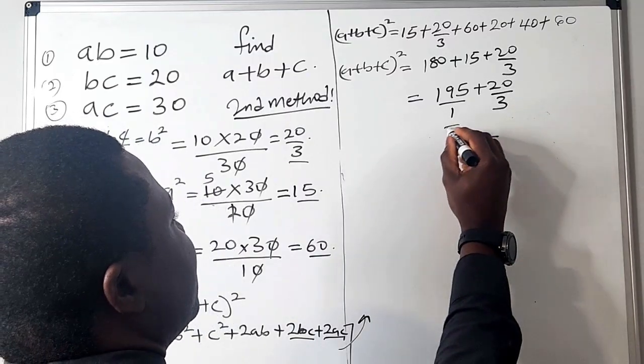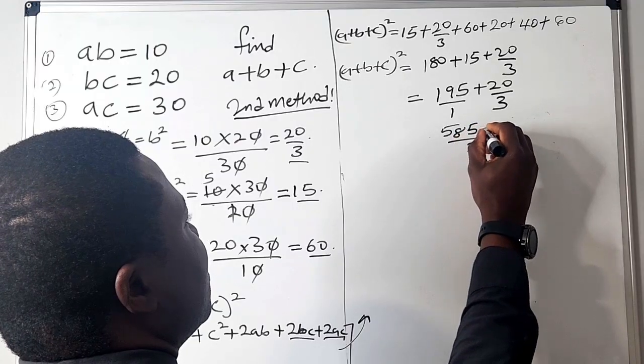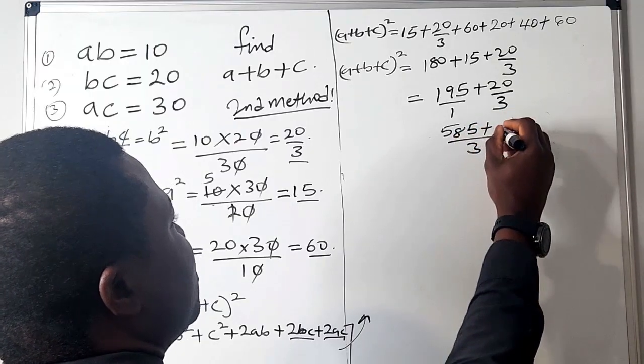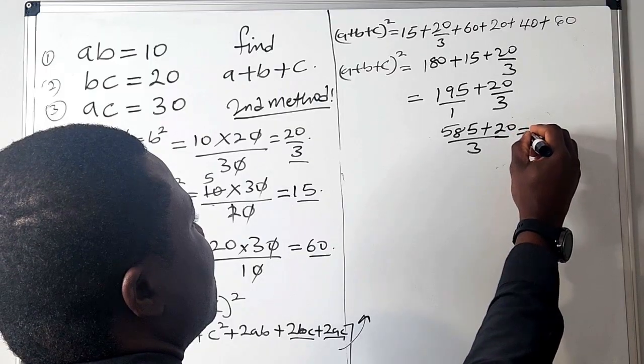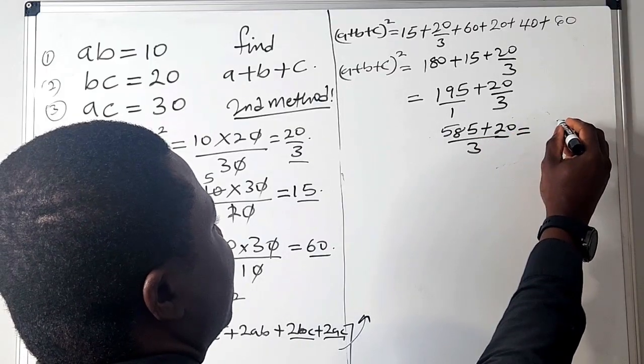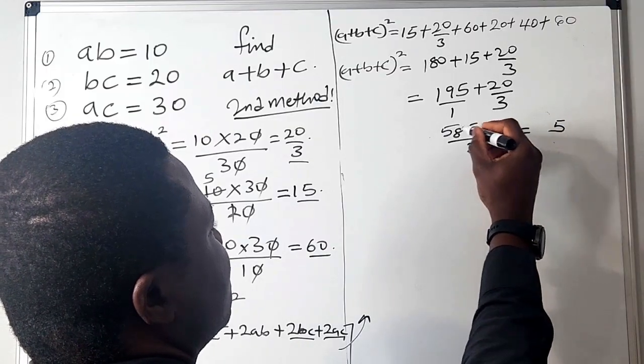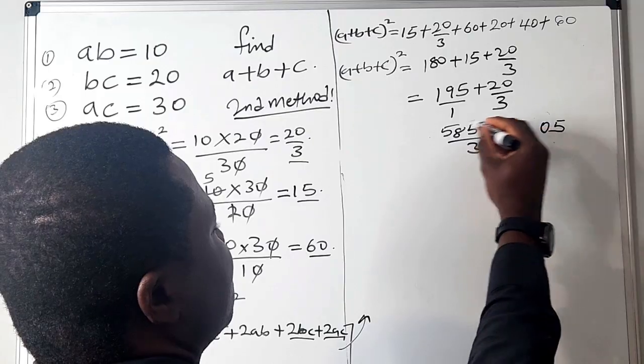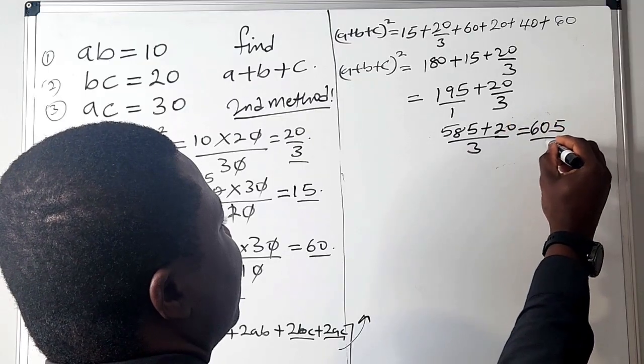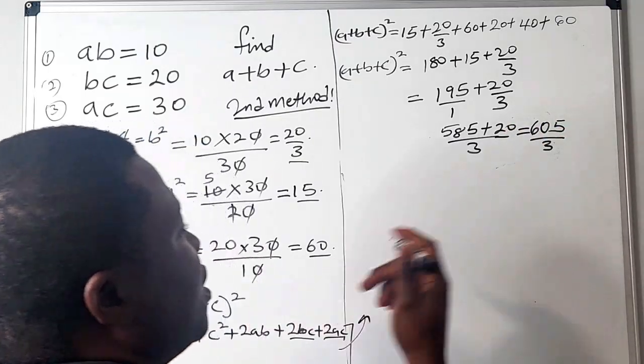So we have 585 plus 20, which becomes 605 divided by 3.